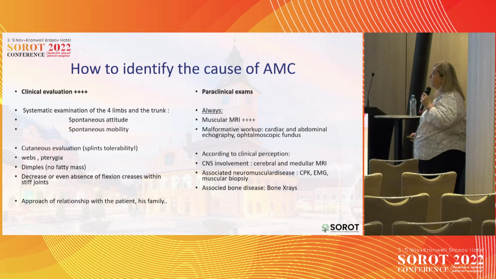So how to identify? Like I said, clinical evaluation, because we can see something very particular, and paraclinical exams at birth, very early in the first year. We do muscular MRI, malformative workup, cardiac, abdominal, and ophthalmoscopic fundus, and also, according to clinical perception, if we think that there is a problem with CNS and muscle and bones.